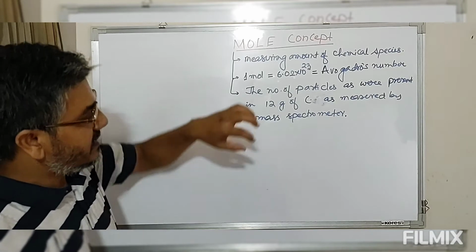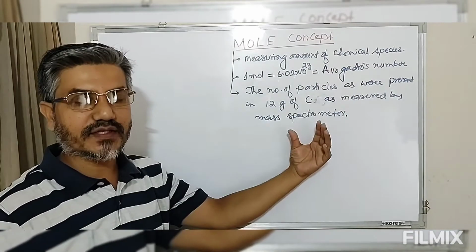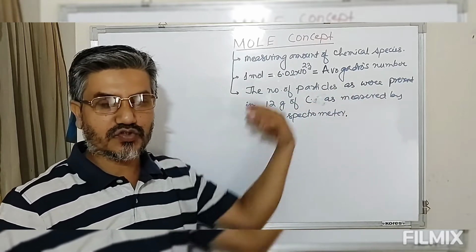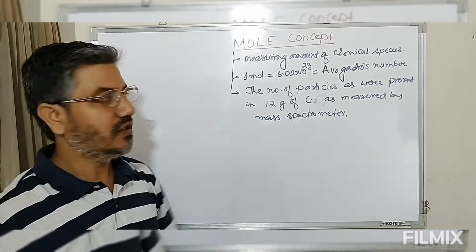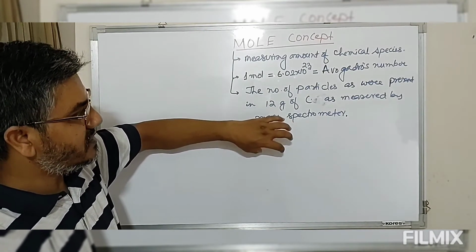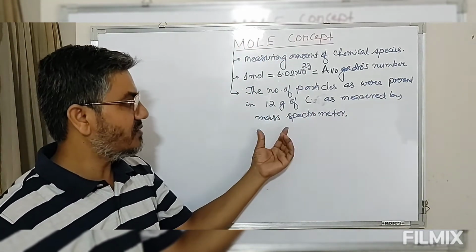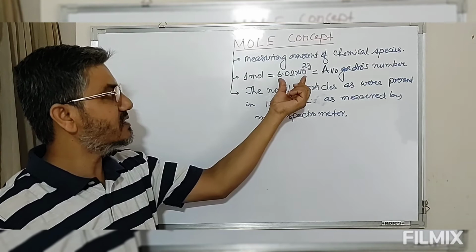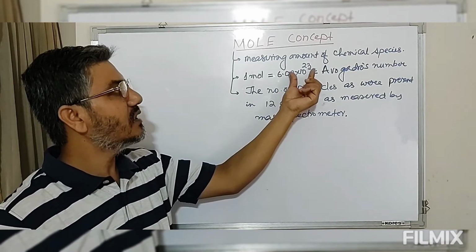So these values were further extended. Instead of atoms, it was extended to electrons, protons, neutrons, molecules, etc. So the number of particles which were present in 12 gram of carbon as measured by mass spectrometer is given as 6.02 into 10 to the power 23.